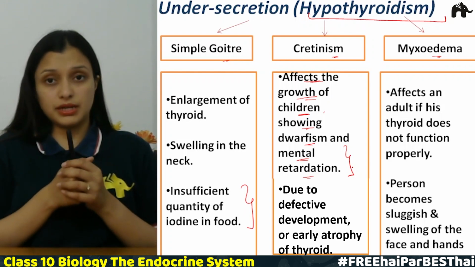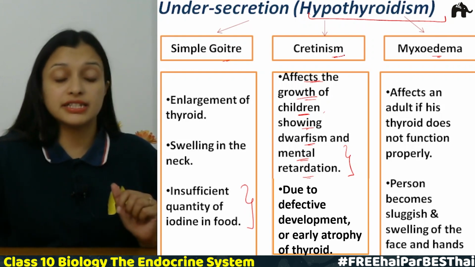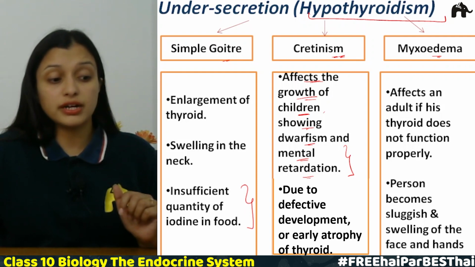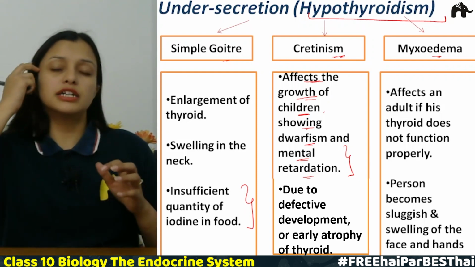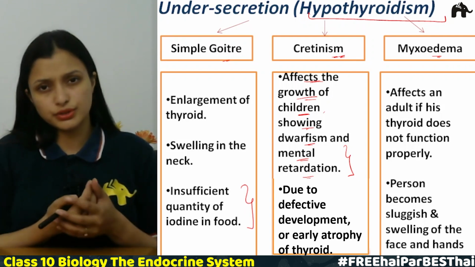In those cases, that leads to a situation called cretinism. Then there is defective development or early atrophy of the thyroid gland. This happens if there is a defect in the development of the thyroid gland, or if there is any injury to the thyroid gland.